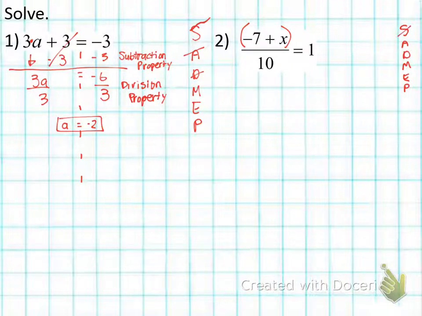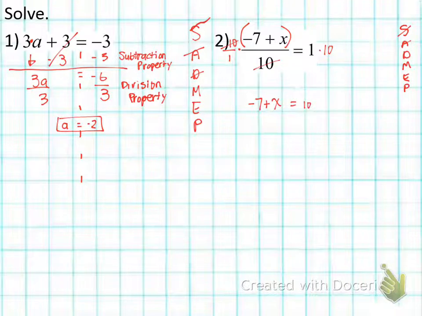There aren't any addition signs by the x. It says plus x, but that's just telling you that it's x. Division signs, yeah, there's a divide by 10 right here. What's the opposite of divide by 10? Multiply by 10. So I multiply both sides by 10. We know this is 10 over 1. This cancels out with this 10, leaving negative 7 plus x is equal to 1 times 10, which is 10.